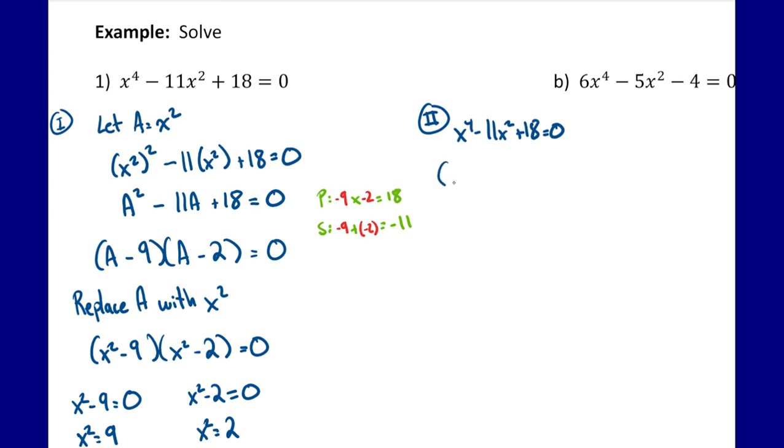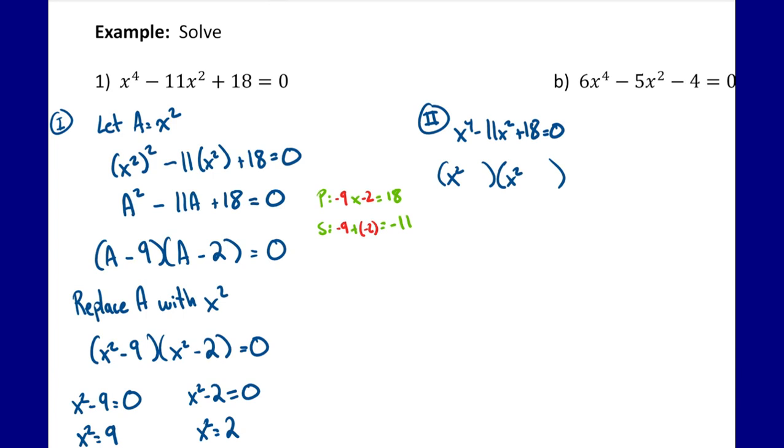When I come up with a simple trinomial, the first term in each bracket has to multiply to give me this first term. So what times what gives me x to the power of 4? That's x squared.